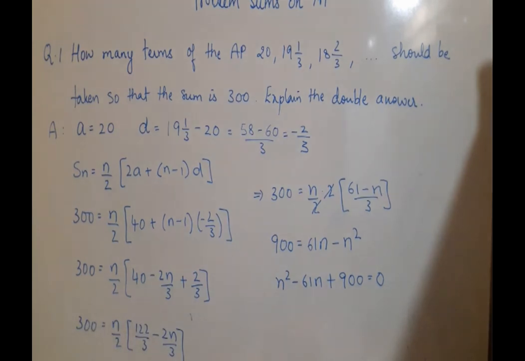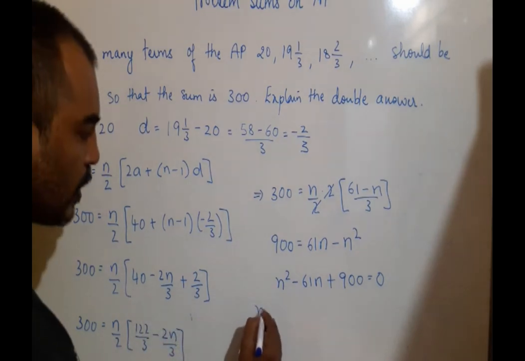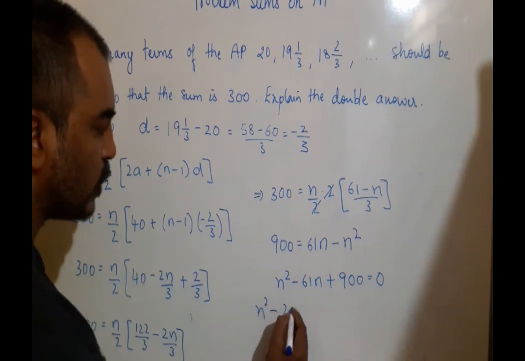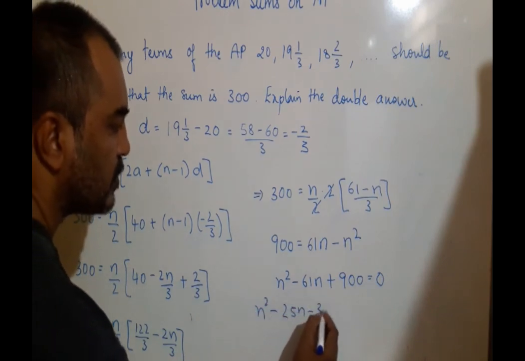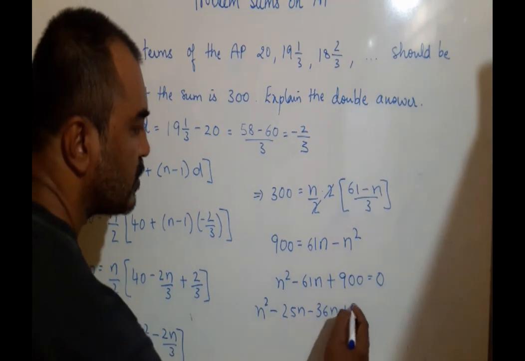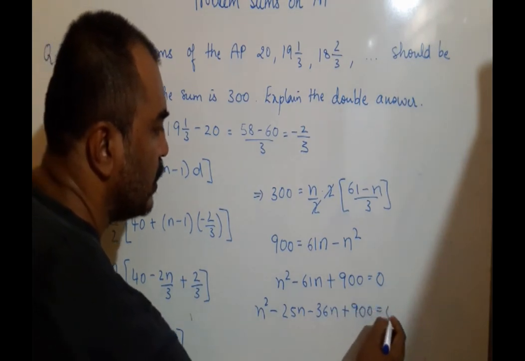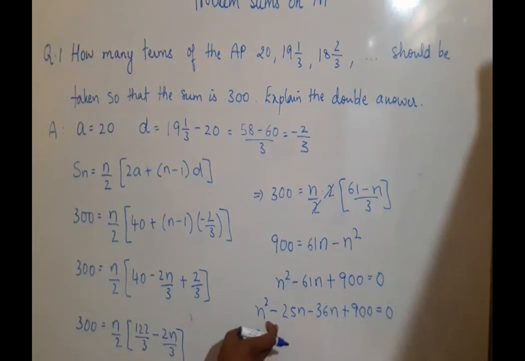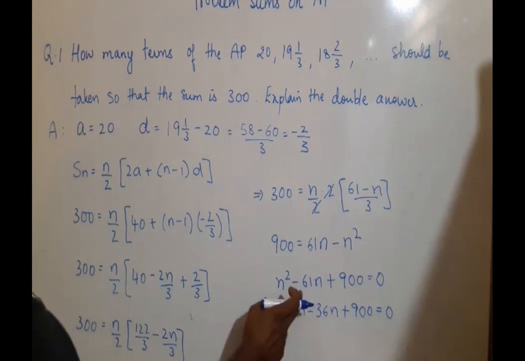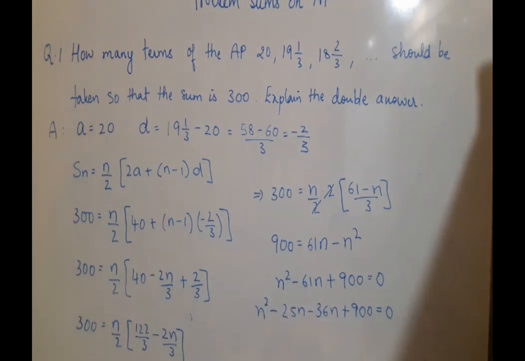Now you have to find the factors of 900 whose sum is 61. So we have n square minus 25n minus 36n plus 900 equal to 0. Check this out. Minus 25 minus 36 is minus 61. Minus 25 into minus 36 is plus 900.